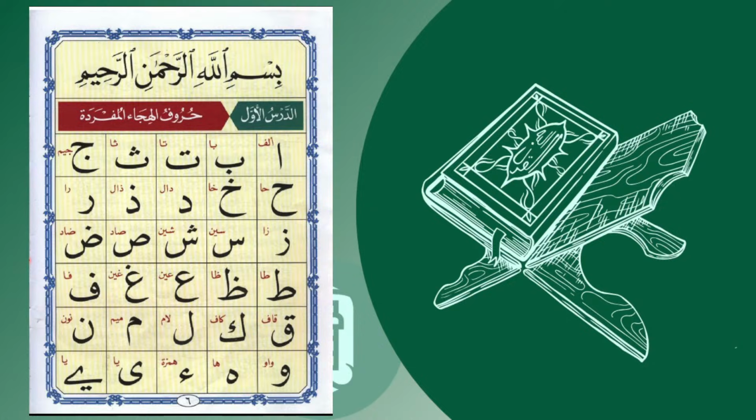The Kha next to it, second box, has its own dot on top of the hook. The next two letters, Dal and Dhal, are very similar in shape, but the dot distinguishes one from the other. The first one is Dal, and it has no dots, and all of it sits on the baseline, on the satr.